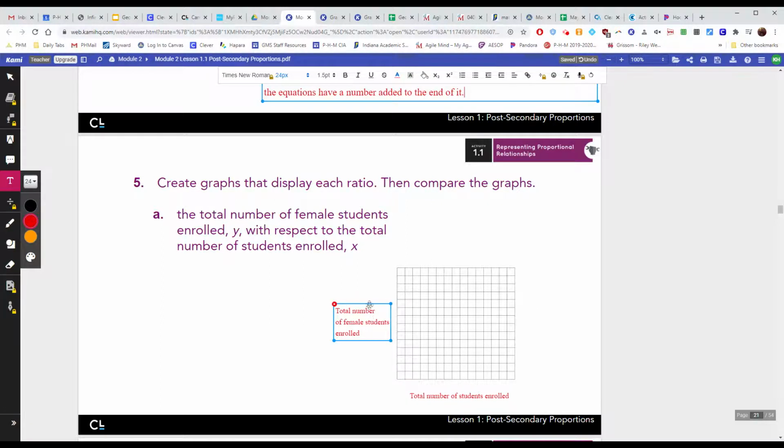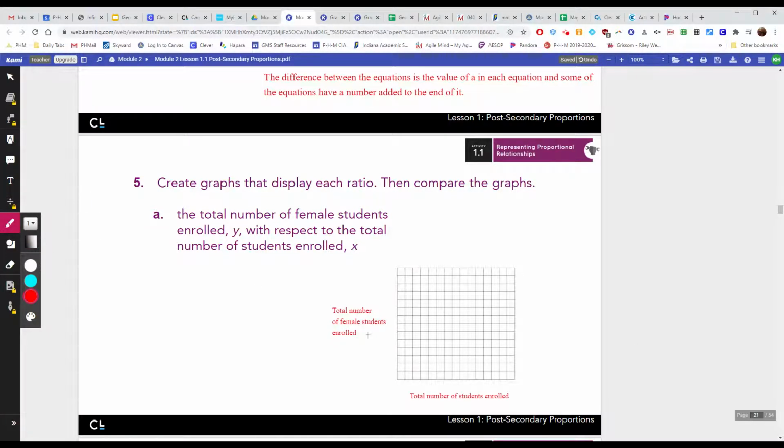So go ahead and copy the labels down, and I'm going to number these also. I'm going to make each square worth 1, but I'm going to label just every other. So I'm going to start here at 2. So just copy this with me. The labels and the scale and the numbers.